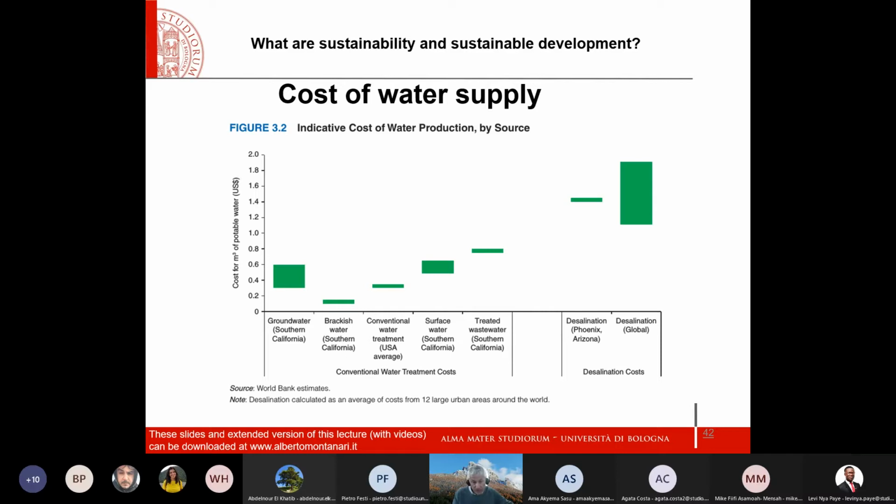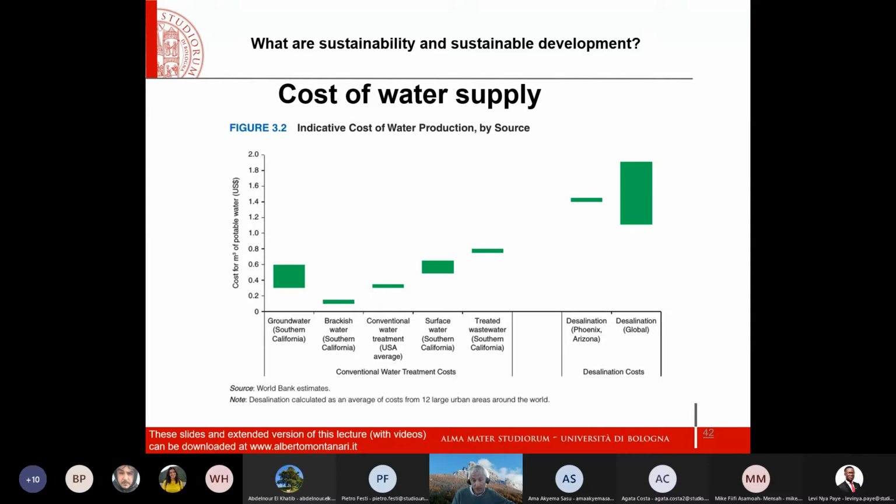Now, the third column is the average. Let's skip it. Surface water for Southern California. The cost is relatively high, but you have to take into account that this includes the cost of building reservoirs. When you don't need to build reservoirs, surface water usually costs much less than groundwater.